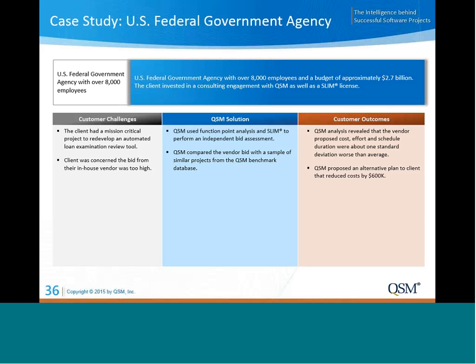In doing that analysis, we found that the vendor bid indeed was too high, and had plenty of quantitative evidence supporting that. So we proposed an alternative plan that reduced costs by $600K. That was just on one medium-sized project.